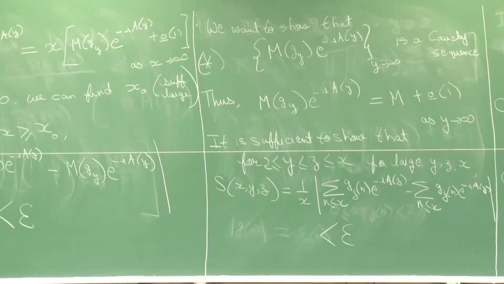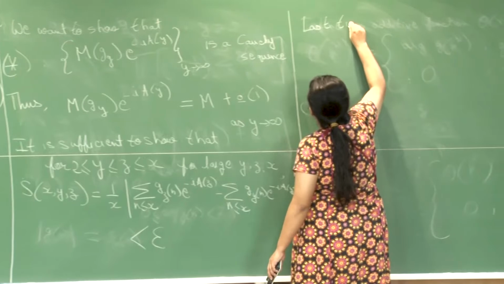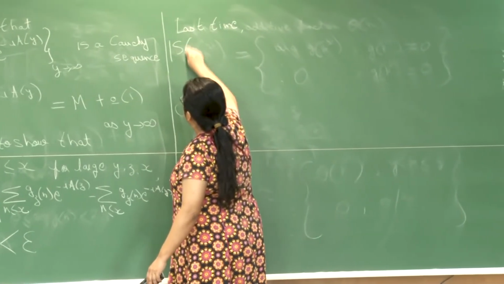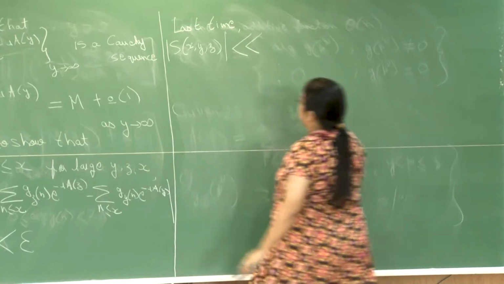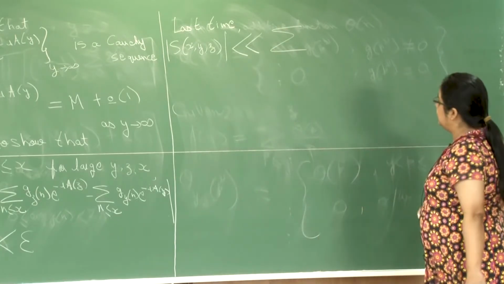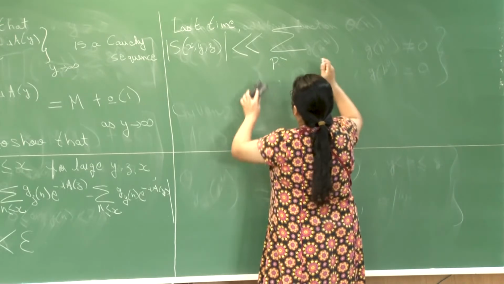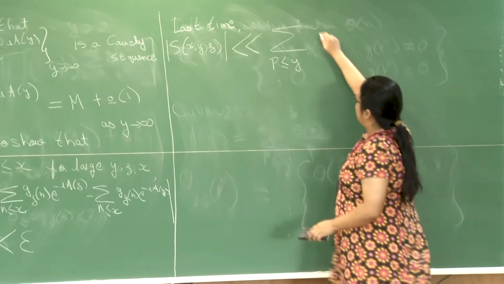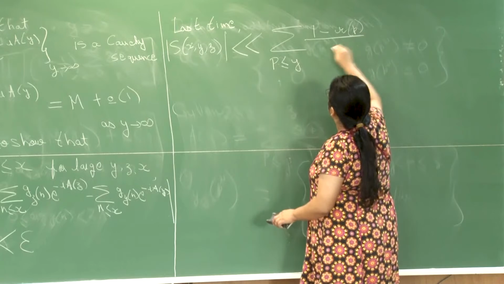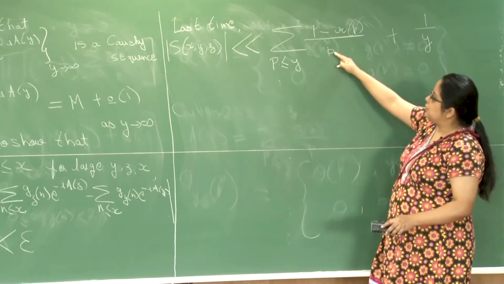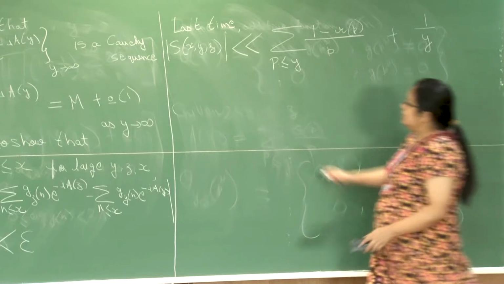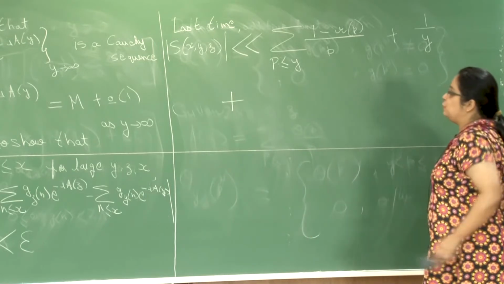So, last time we did most of the work in analyzing our S of x, y, z, and we have shown that this S of x, y, z is less than a summation over p less than or equal to y of 1 minus r of p over p, plus 1 by y as an error contribution coming from all prime powers p which are greater than or equal to 2, and then you have another term which is what we want to analyze today.